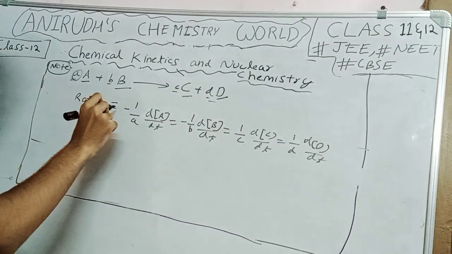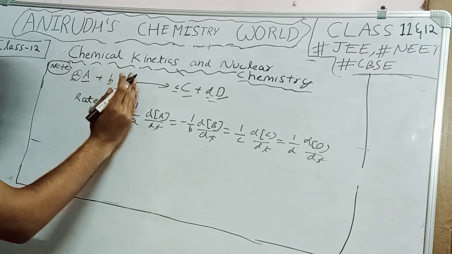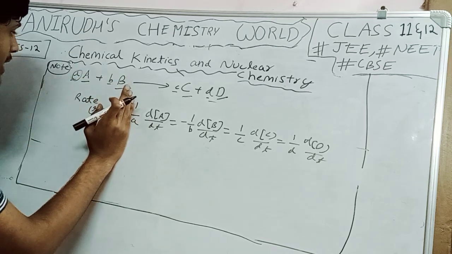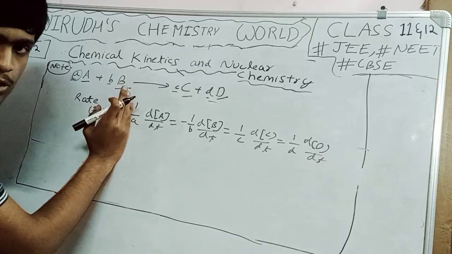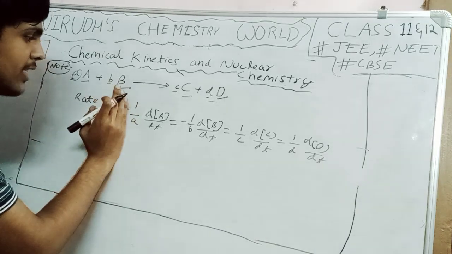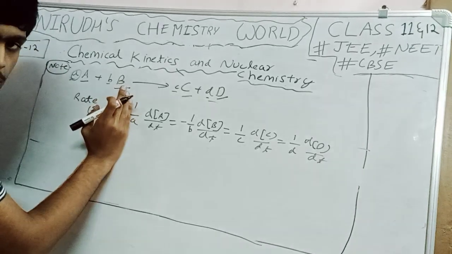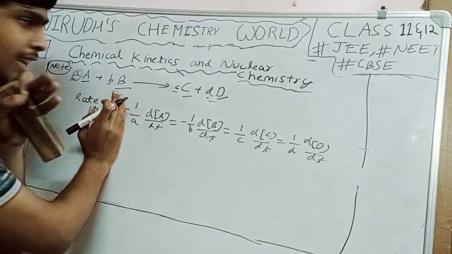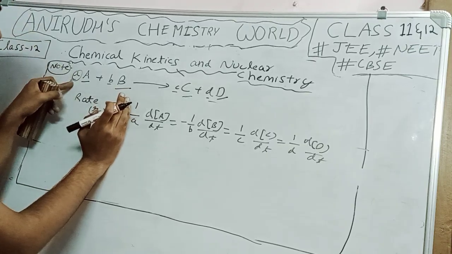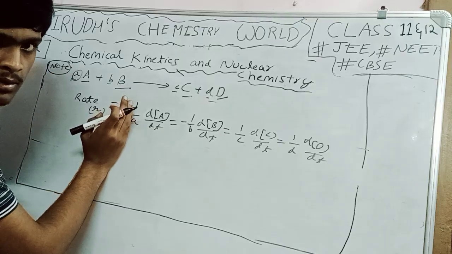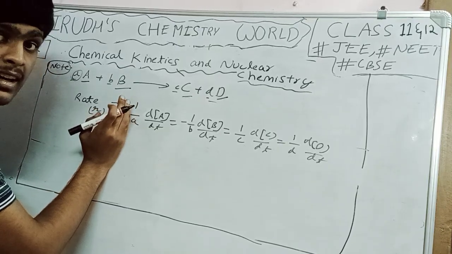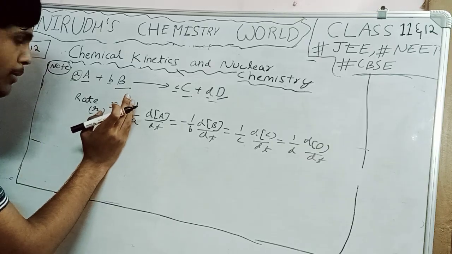So rate R is equal to, since normally without this 1 by a, rate of reaction is nothing but the decrease in the concentration of reactant. So rate R is equal to minus d concentration of A by dt. But if you have the number of moles here, you should multiply with the reciprocal of the number of moles.